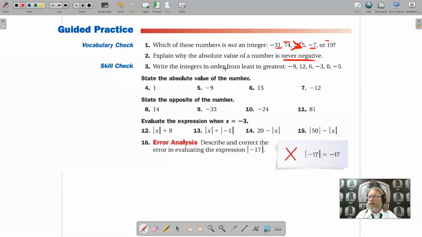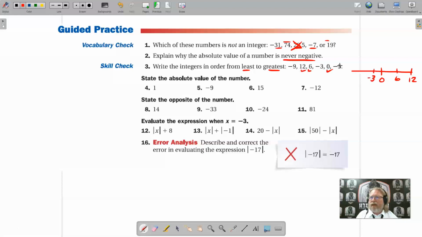Write the integers in order from least to greatest. So if we put a number line here, and let's throw 0 on there, and sure enough, 0 is one of them. Let's go ahead and do the positive numbers first. I got 6 and 12. So I can put 6 here and 12 here. And then I have a -3. That'd be right about here.